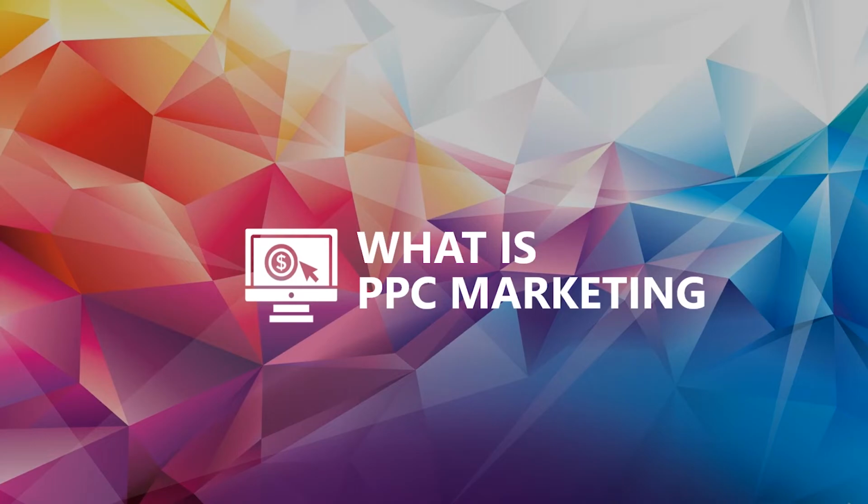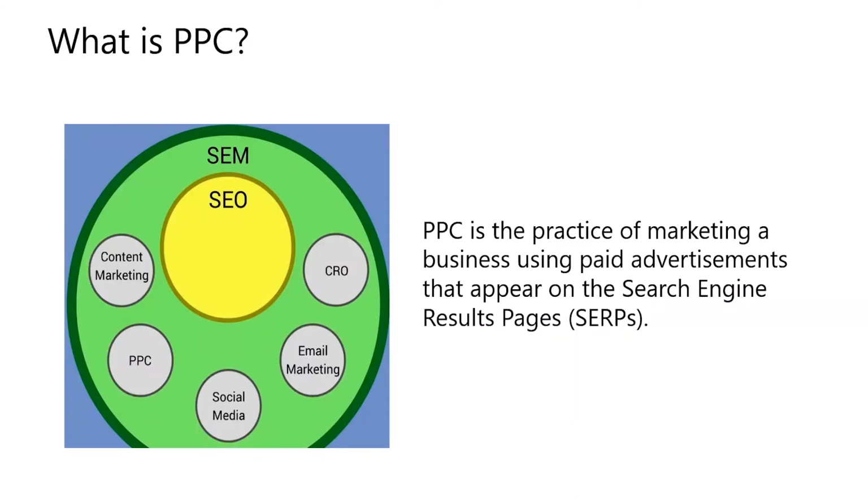So what is pay-per-click marketing? Well, if you see the overall picture of marketing using search engines, you have search engine marketing at the top, and under it you have search engine optimization, which is SEO, and pay-per-click marketing, which is Google Ads if you're running ads on Google search.